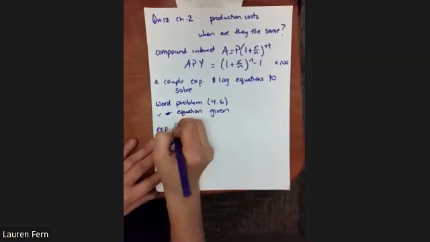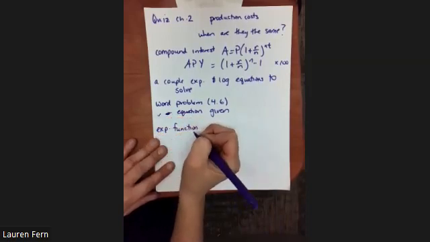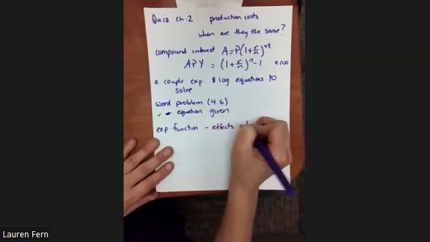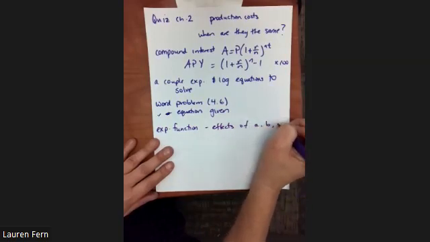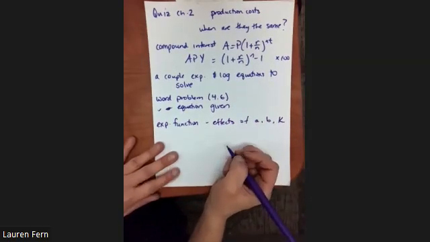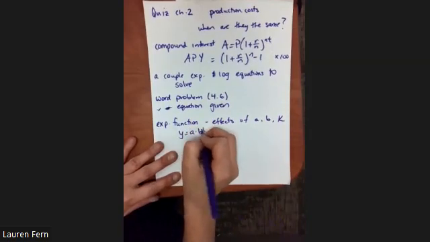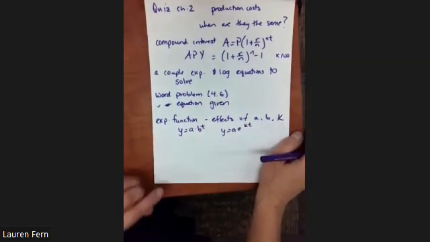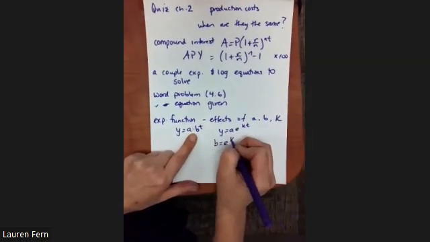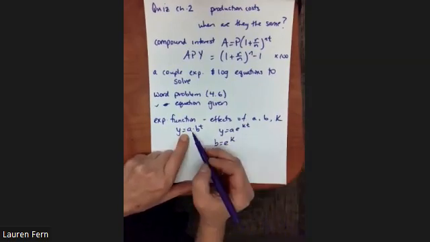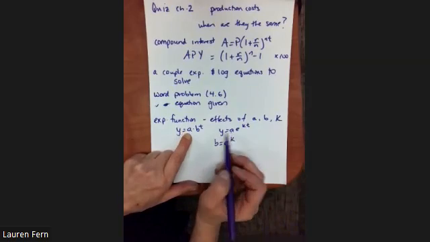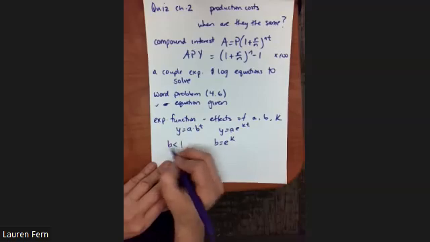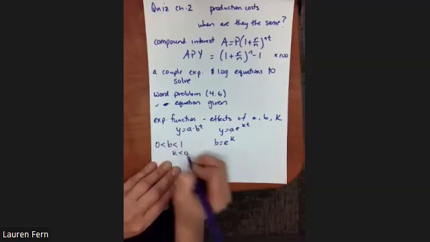With your exponential functions and the graphs, you of course need to know the effects of a, b, and if it's in terms of k, k. You had online homework questions that went after this. Remember, b is the same as e to the k. So a is our initial value. And we know, for example, when it's decaying, b is between 0 and 1, and k is negative.